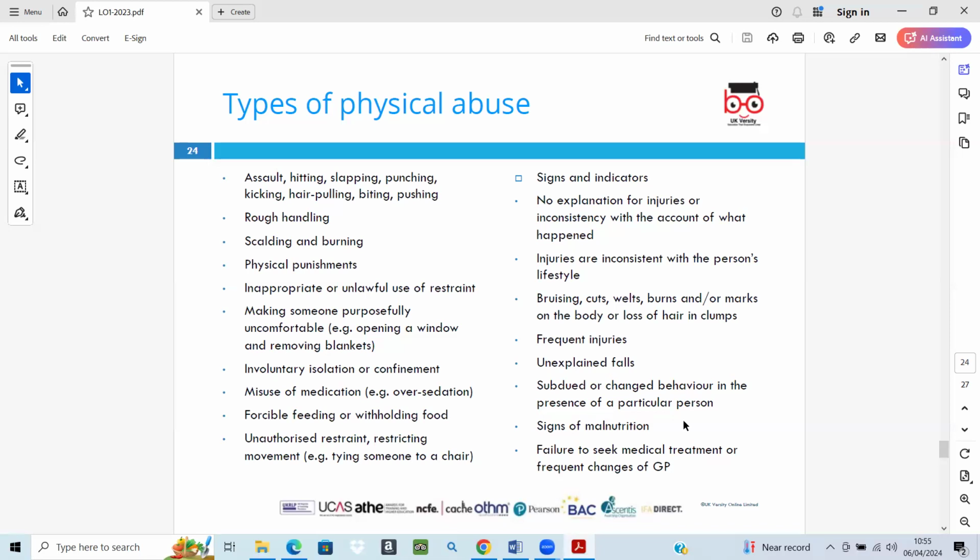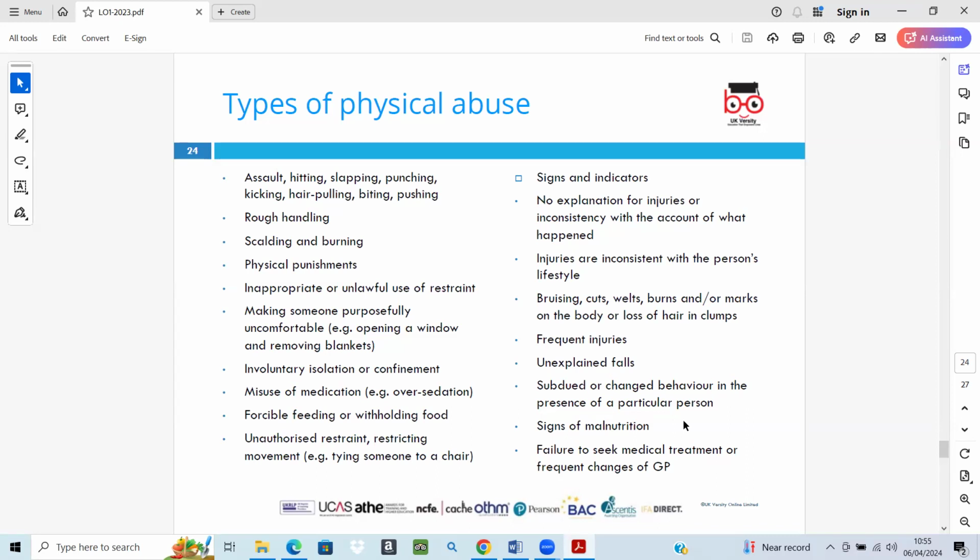Because this is physical abuse, we may see the signs and symptoms visibly. For example, we have assault: hitting, slapping, punching, kicking, hair pulling, biting, pushing.